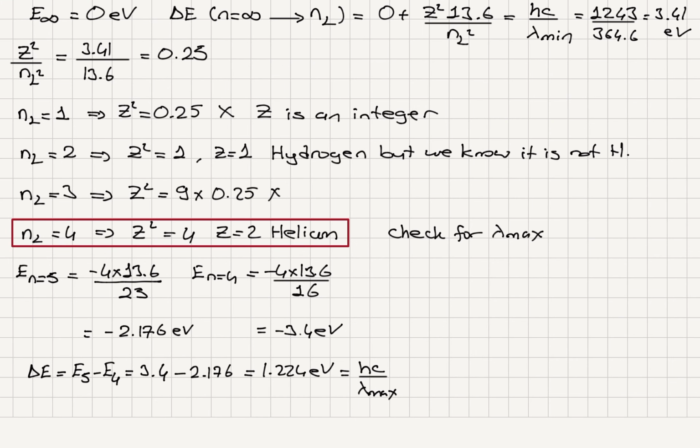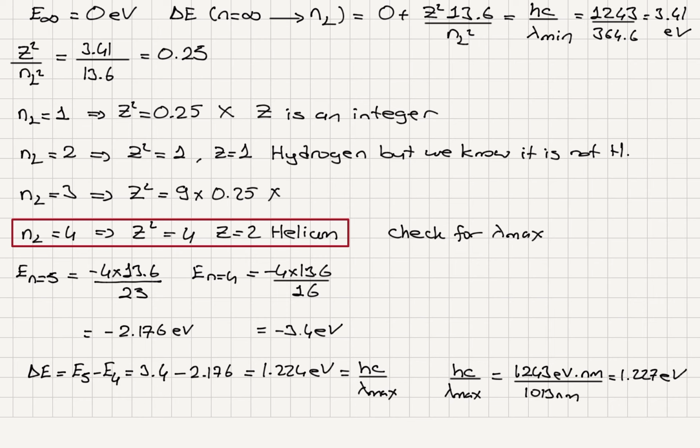So let's calculate hc over lambda max for 1013 nanometers. 1243 electron volts nanometers divided by 1013 nanometers gives us 1.227 electron volts.